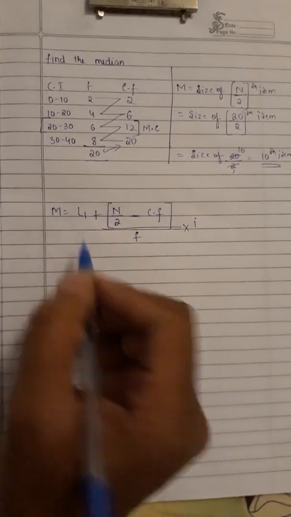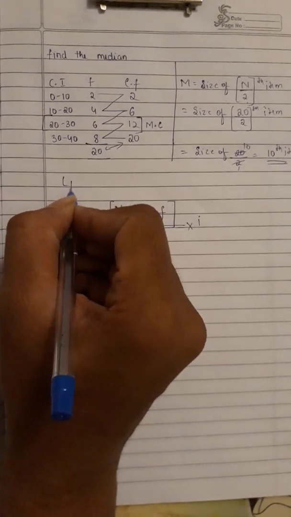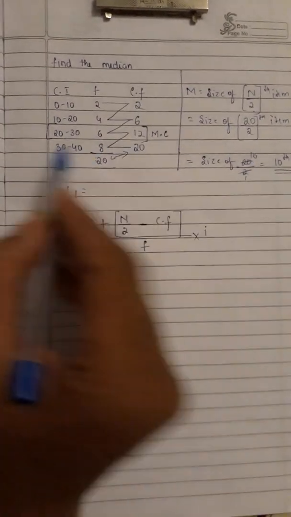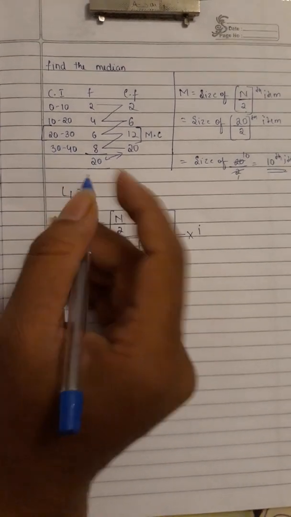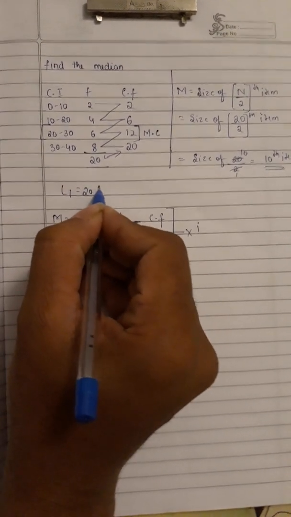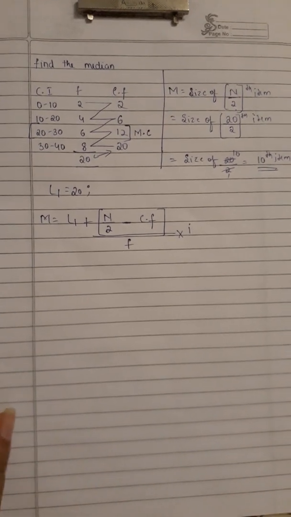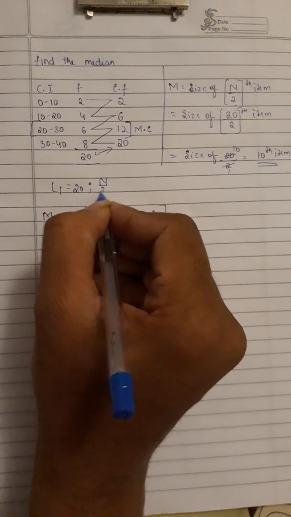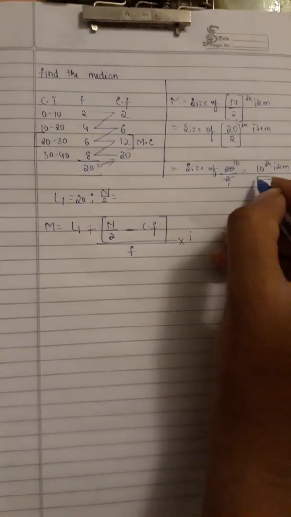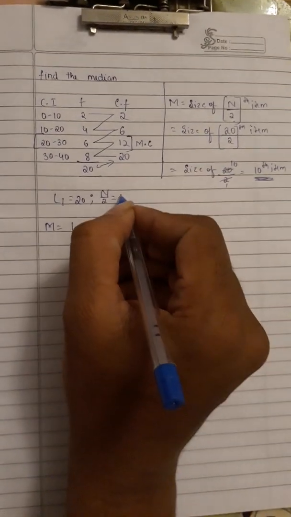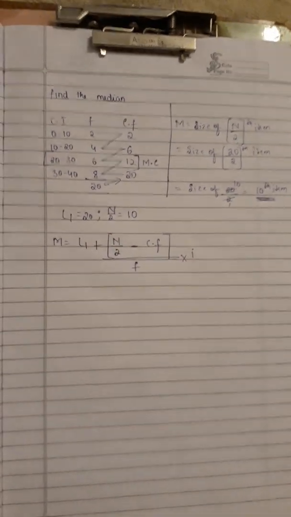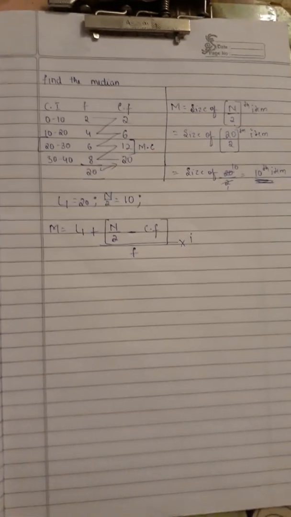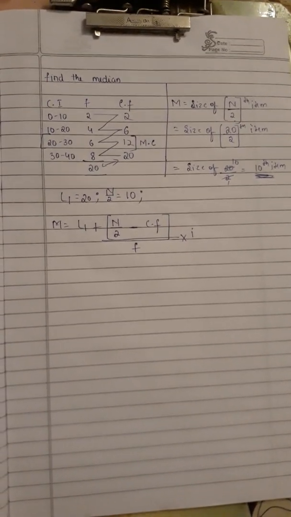First, L1 means the lower limit of the class interval, which is 20. Next, n divided by 2 is 10.